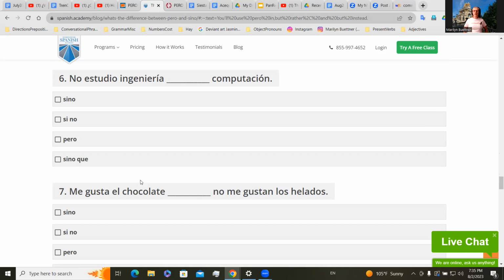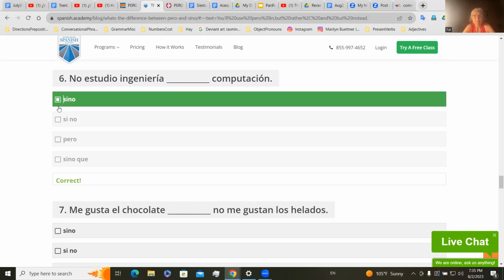Oh, here's another one that is a common conversational idea. No estudio ingeniería, sino computación. Here is a conversation with your neighbor's college-age kid. No estudio ingeniería. I'm not studying engineering. Sino computación. You're correcting.